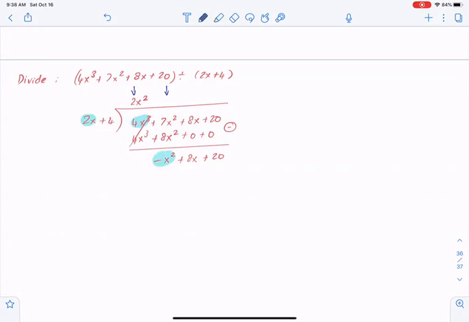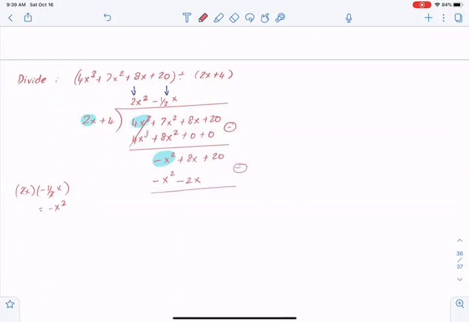So the number has to be negative 1/2 x. Because if I multiply 2x by negative 1/2 x, I will get negative x squared. So negative x squared, 4 times negative 1/2 is negative 2x.